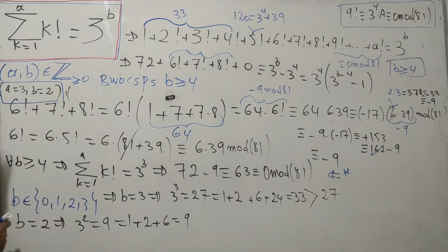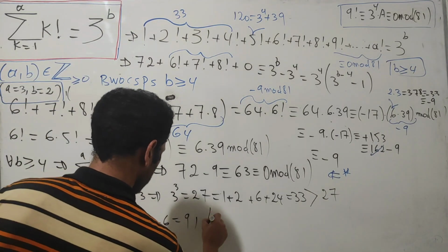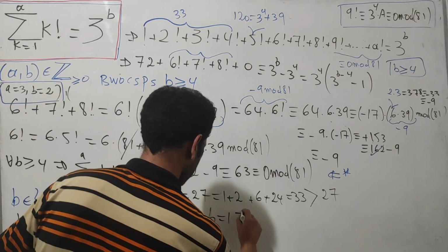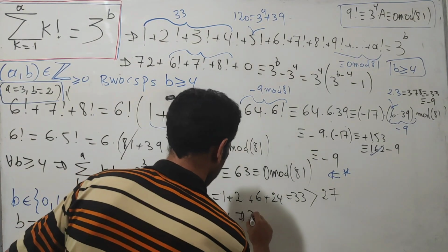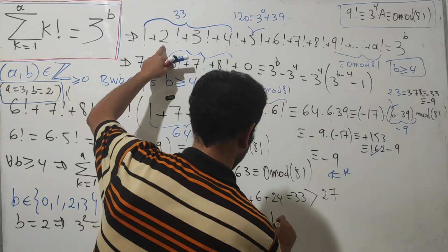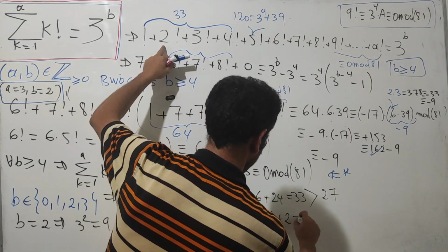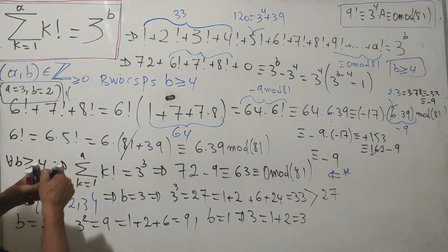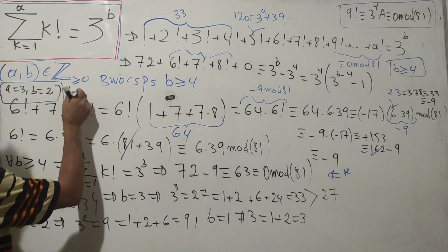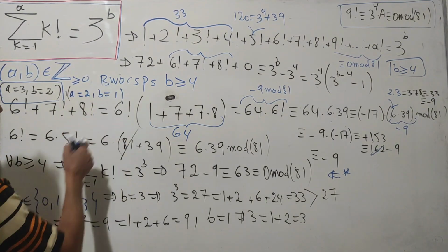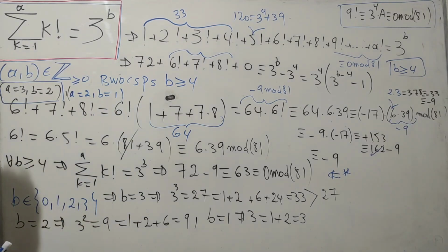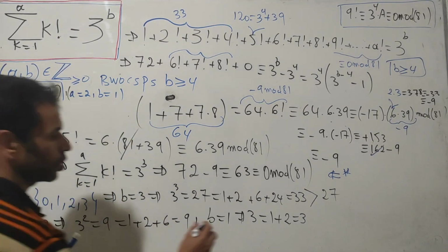The second solution, I'm going to check when b equals 1. B equals 1, so I get 3 equals 1 plus 2 factorial, which is 2, which is 3. We have another solution, which is a equals 2 and b equals 1. Let's check the last solution.